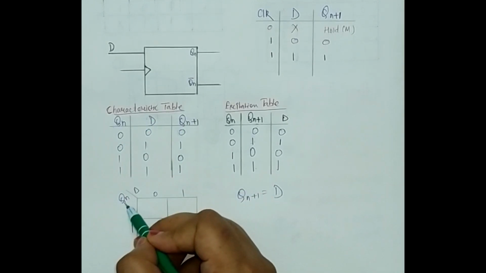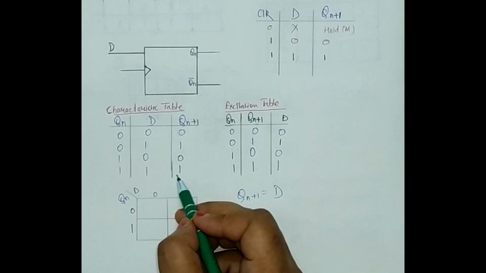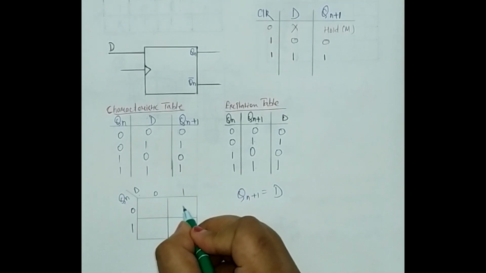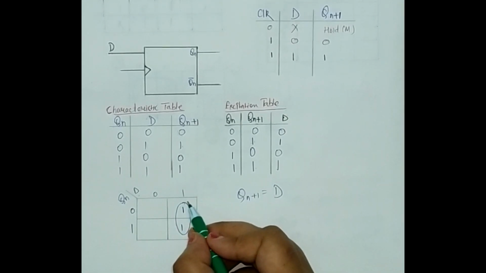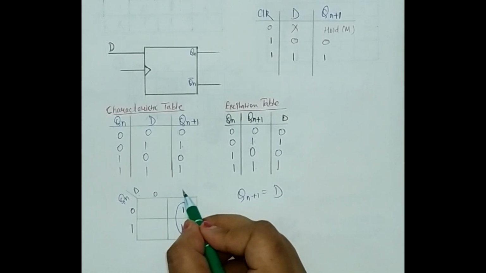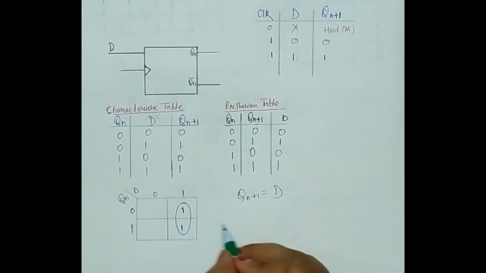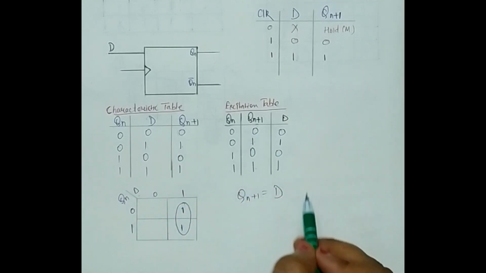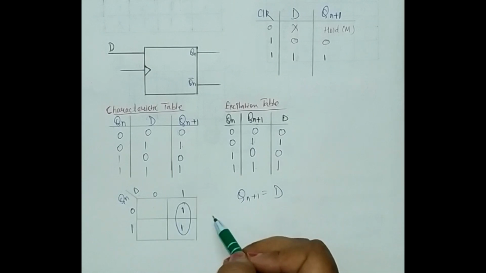On this side I will take Qn, and on this side D. Here I will write 1, then here 1, so this is the pair. The value of D is 1 in both cases, and the Qn value is changing. So from the K-map also I get the same value. Hence this D flip-flop is very simple and easy, but for that you should know the concept of the SR flip-flop.